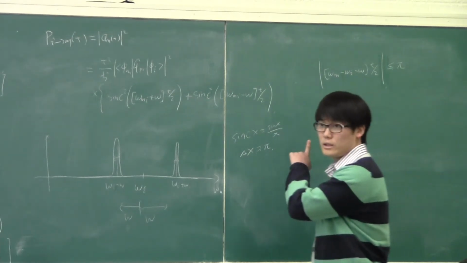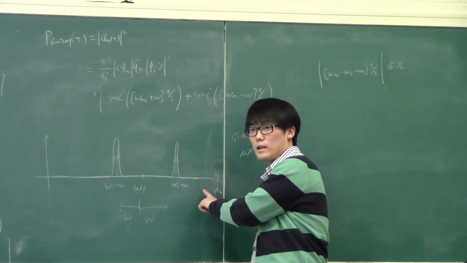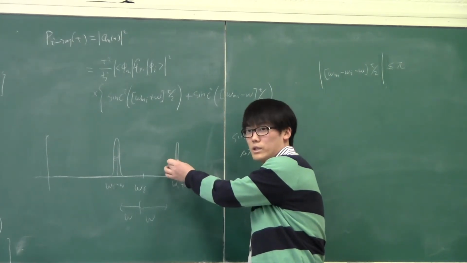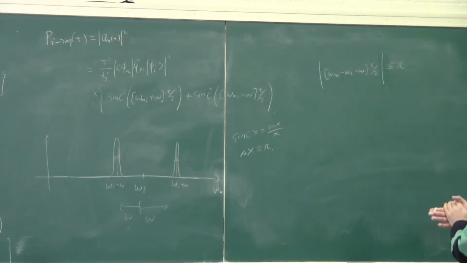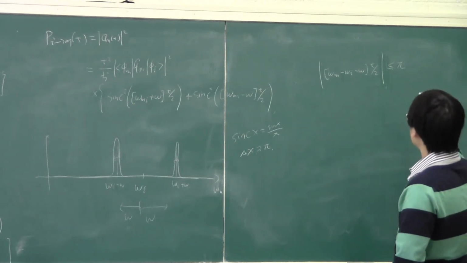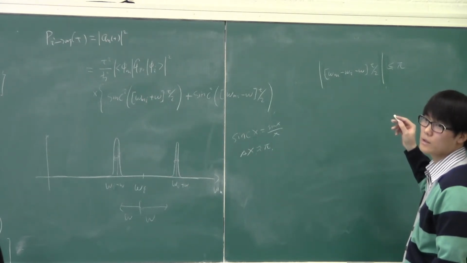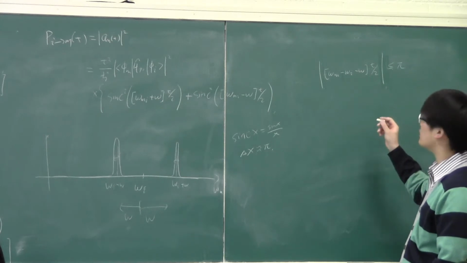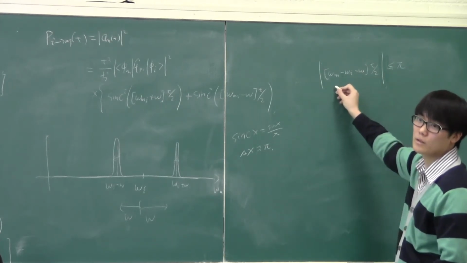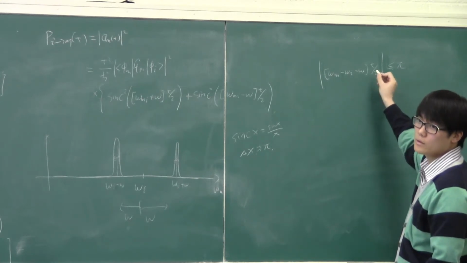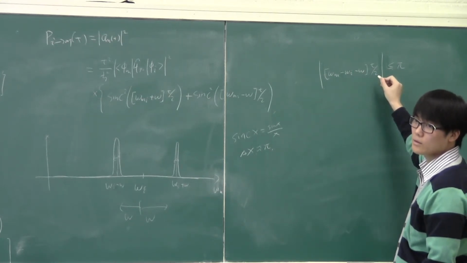So if I satisfy this, then on the omega axis, I'm within this peak over here. Right? Yeah, that's right. All right. Okay, so what can we conclude here? We can establish a relationship between the spread in the omega m with the time t.